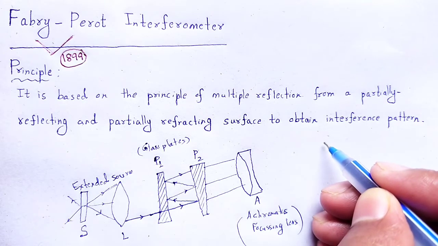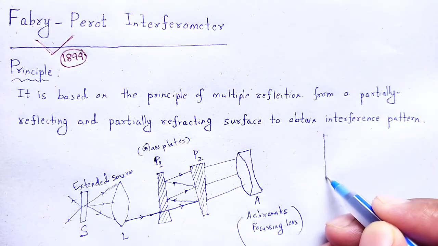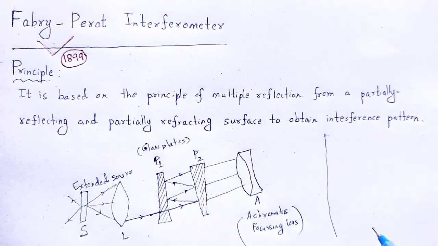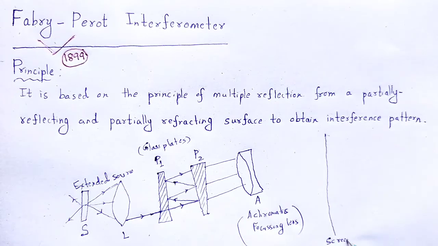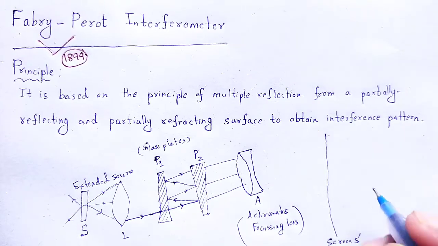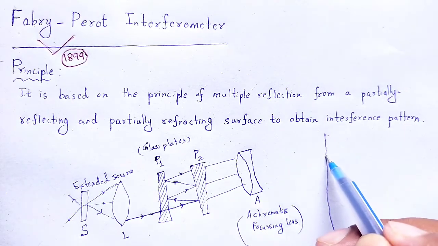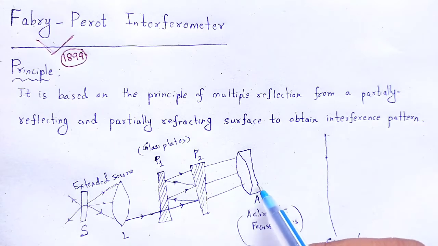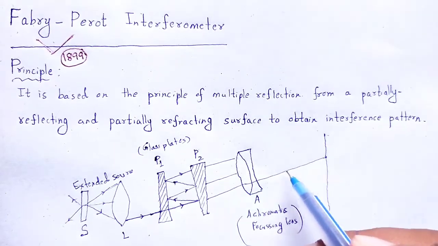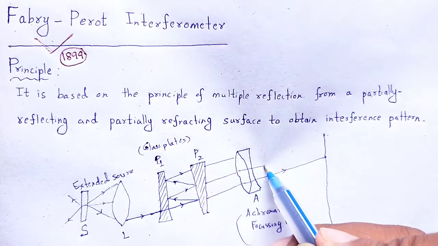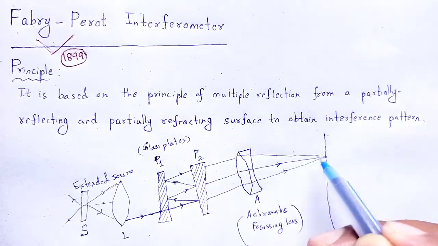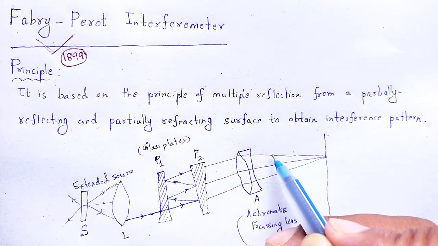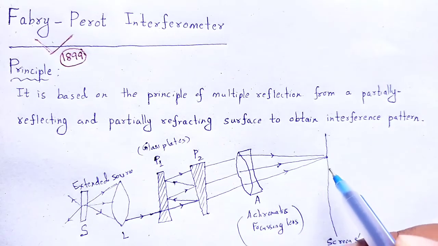Here we place a screen. These rays are focused at that point, and no chromatic aberrations will be there.